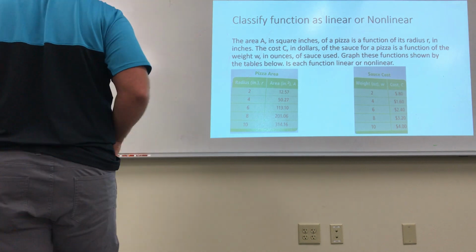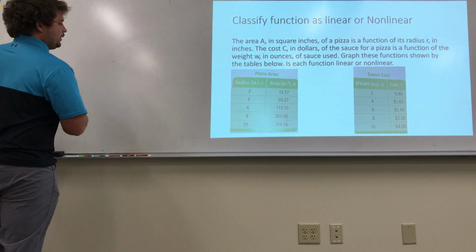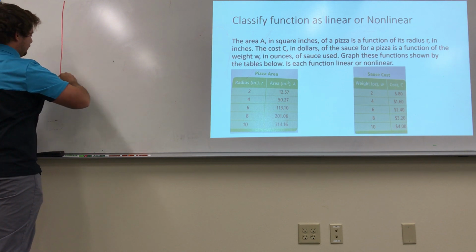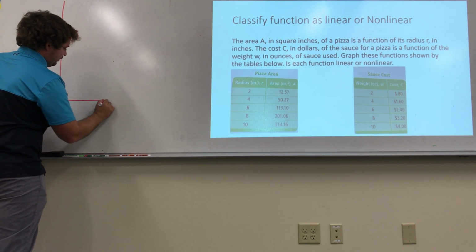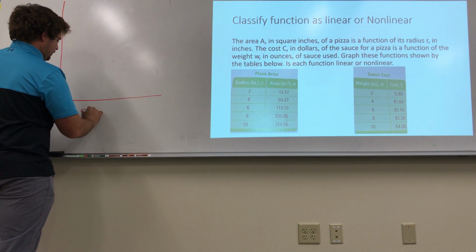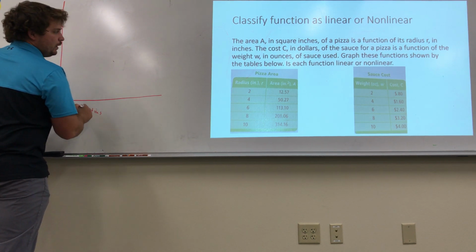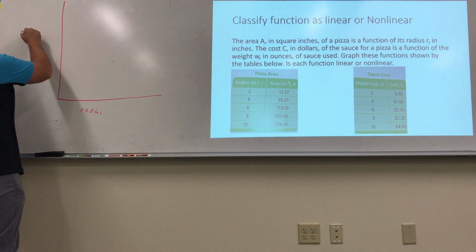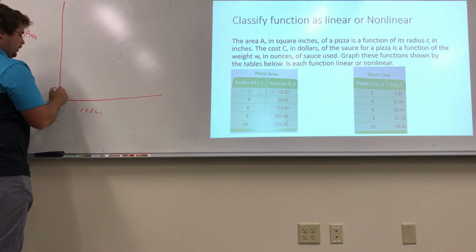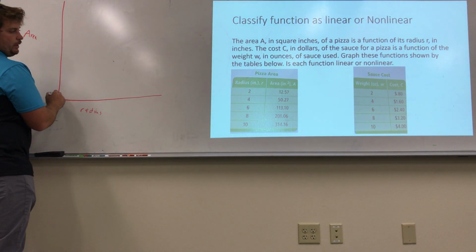Okay. So on this one, I'm going to make a pretty big size graph. Radius is going to be over here, and we're going to have area over here. I'm going to go up by, I don't even know if I want to go up by tens.